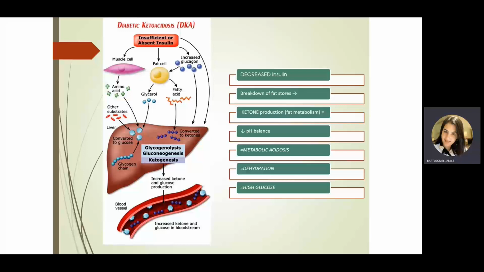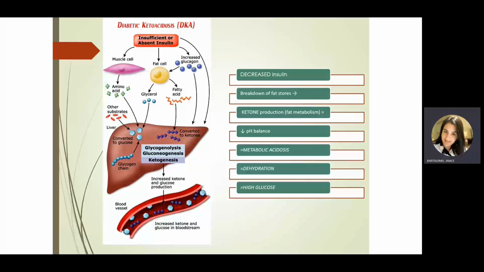At the same time, your body's trying to excrete all this glucose, dehydration happens, and then you have all these molecules flowing around, which then gives you the results of the high glucose.